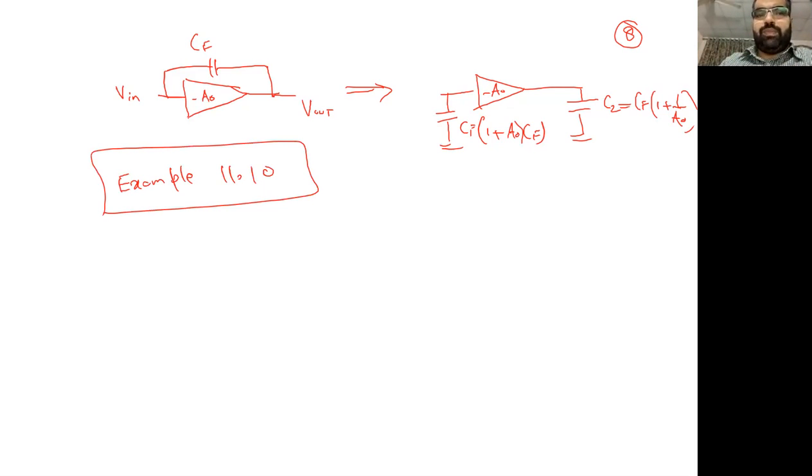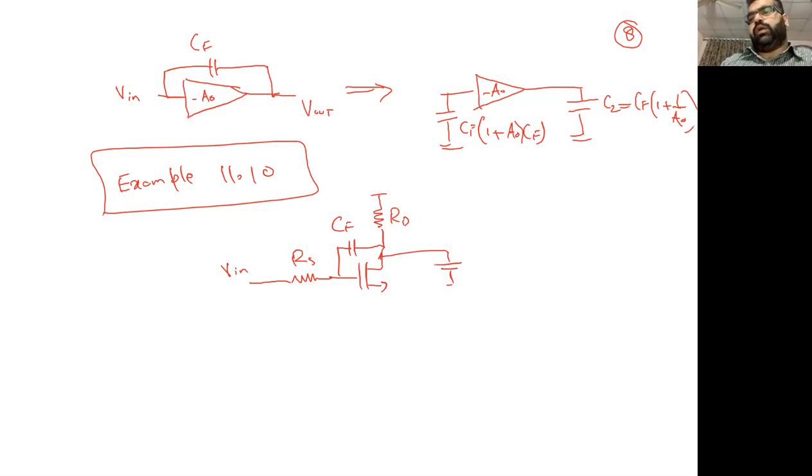It talks about the same thing: if you have a similar configuration, which we just drew, RS, V in, you have a Miller capacitance called CF, you have some load RD, you have some load capacitance CL, and this is your V out. And now lambda is not zero. So you can just assume now you also have, if it's an M1, RO1.